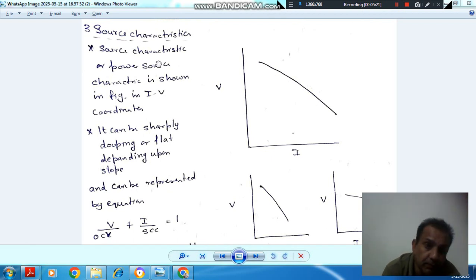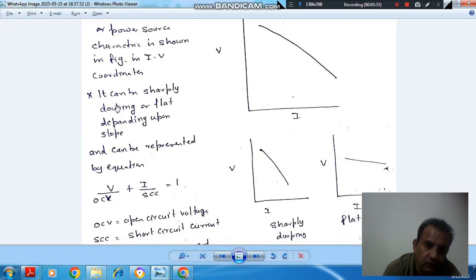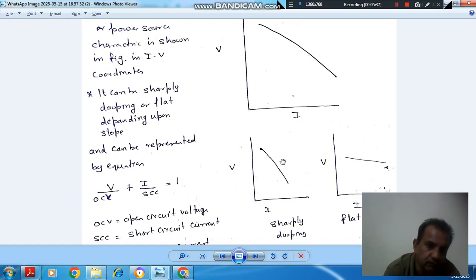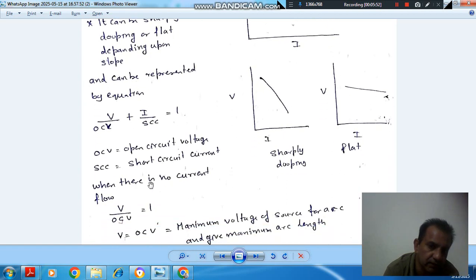The third key concept in arc welding is source characteristics. So source characteristics, or power characteristics, is shown in the figure on a V-I graph. It can be sharply dropping or it can be flat also. This characteristic can be represented by V by OCV plus I by SCC is equal to 1, where OCV is open circuit voltage and SCC is your short circuit current.